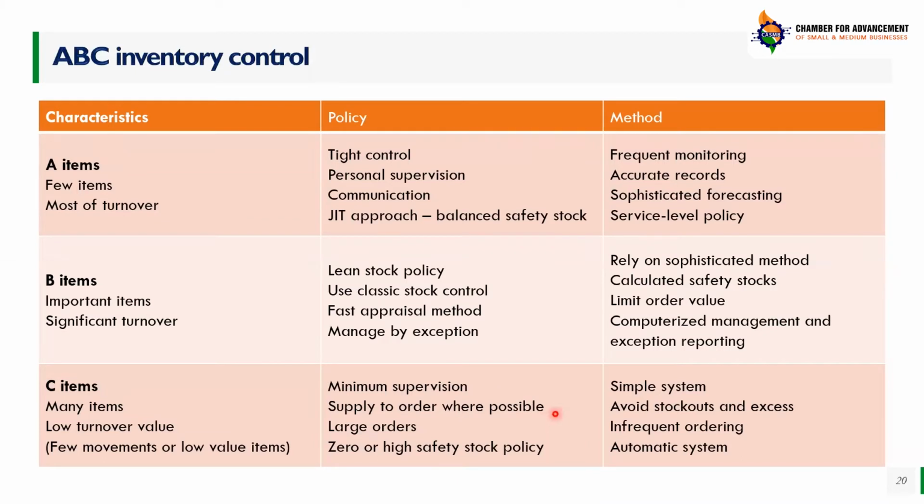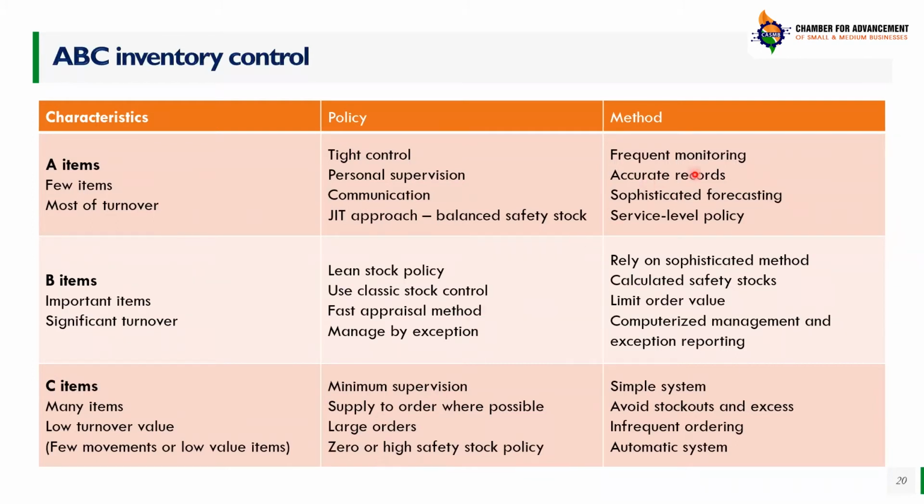Don't force the supply, don't buy extra, just manage it, and not much control is required. Typically it has large orders and a zero to high safety stock policy. We'll talk more on safety stock policy. We can have zero safety stock or maybe higher safety stock, it doesn't matter because not much value is associated with that.